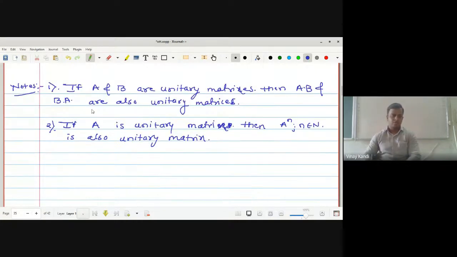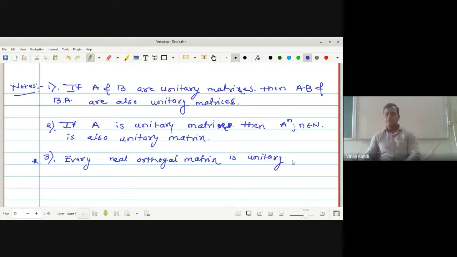Okay, now the third one, important is this one: every real orthogonal matrix is a unitary matrix. Okay, these are the three notes.